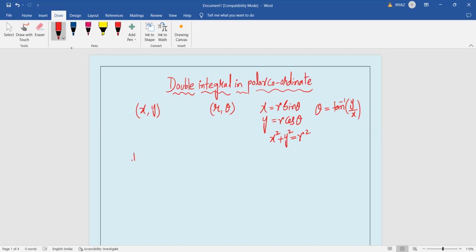Question number 1: evaluate the integral from 0 to pi, integral from 0 to sine theta, of r dr d theta. You can easily identify that it is a polar coordinates question.